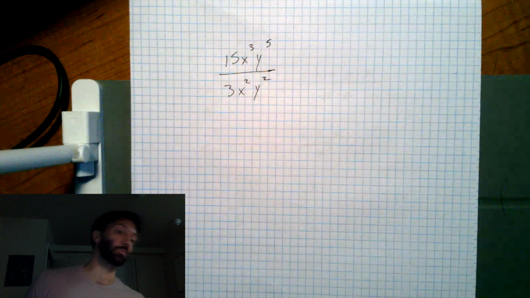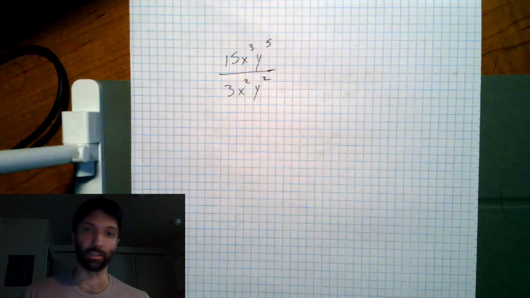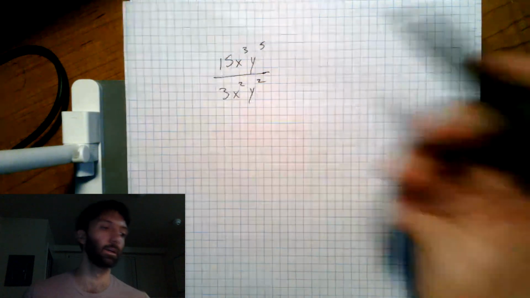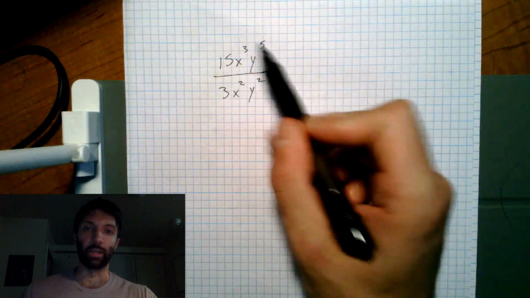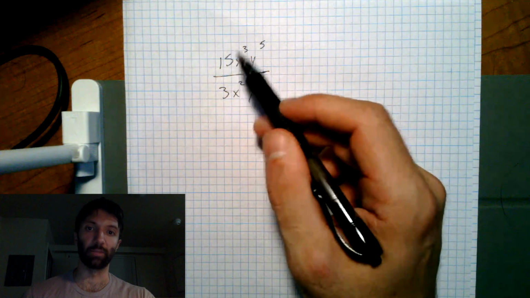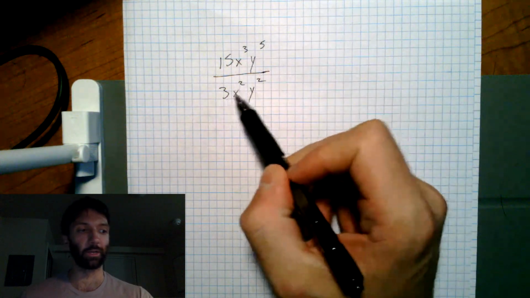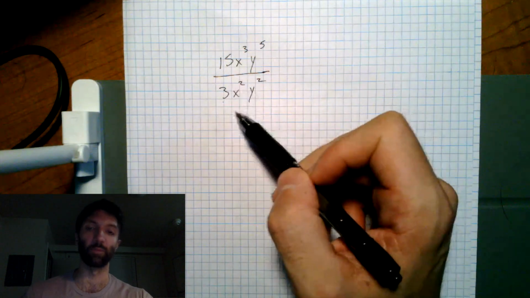Okay, you might have an expression that looks like this, where you have multiple variables, multiple bases, and maybe even some constant factors out front here. But remember, this is just a giant chain of multiplication, right? This means 15 times x times x times x times y times y times y, and so on. And then down here in the denominator, this means 3 times x times x times y times y.